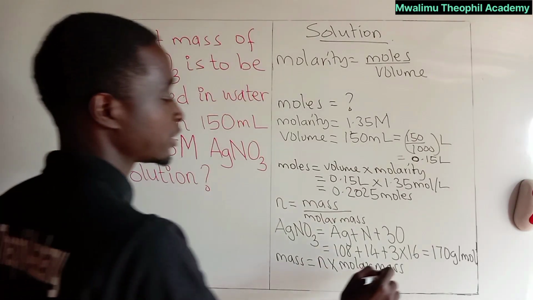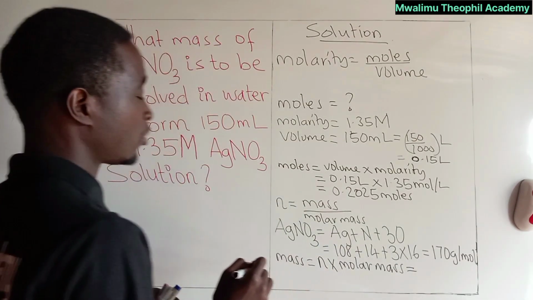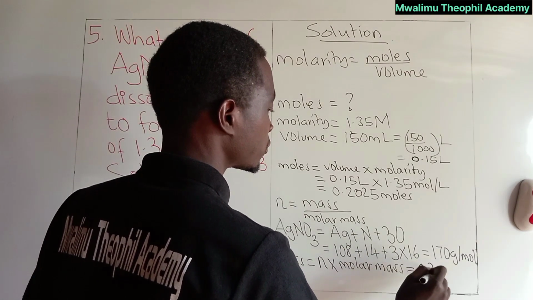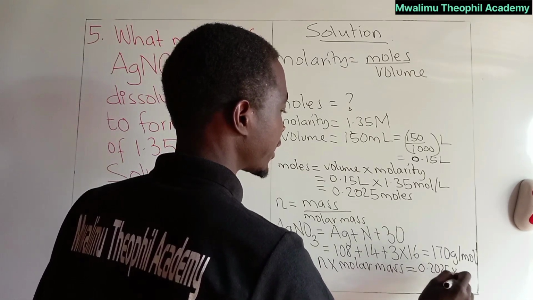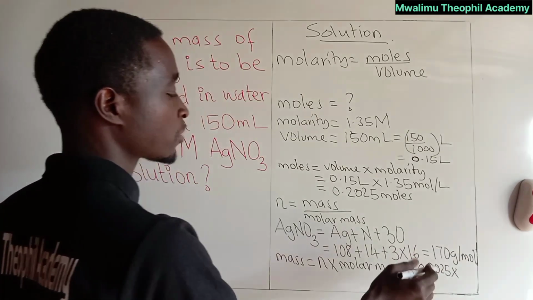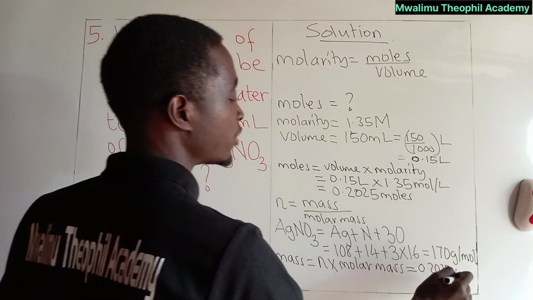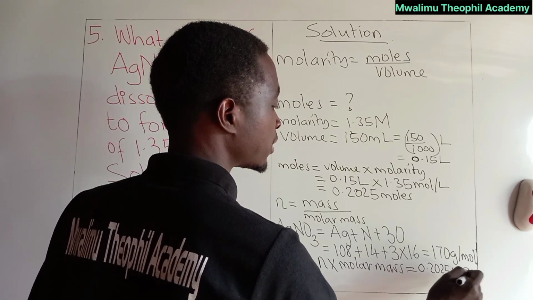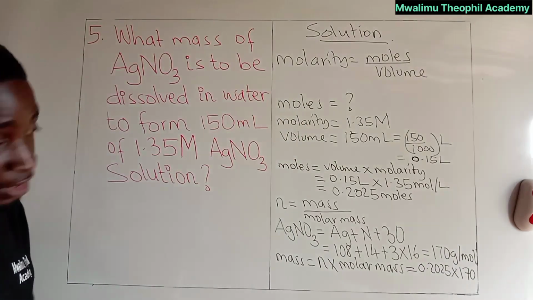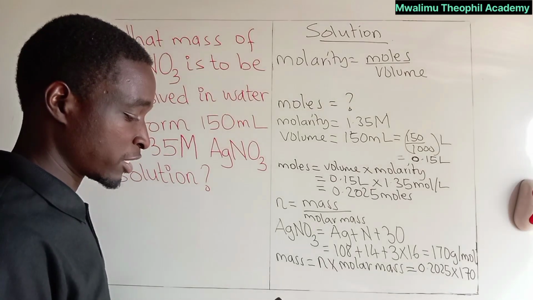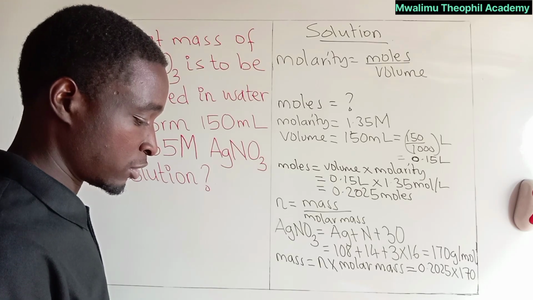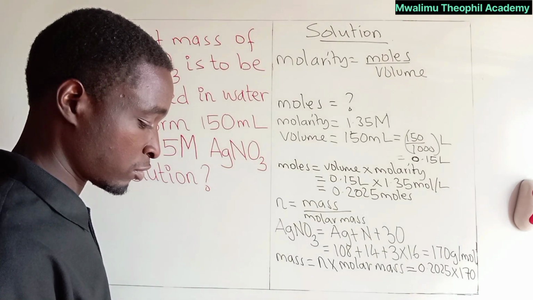From the data obtained, the mass of silver nitrate will be equal to the number of moles obtained, which is 0.2025, times the relative molecular mass of silver nitrate, which is 170. When we compute this, what do we get? We have 170 times 0.2025.